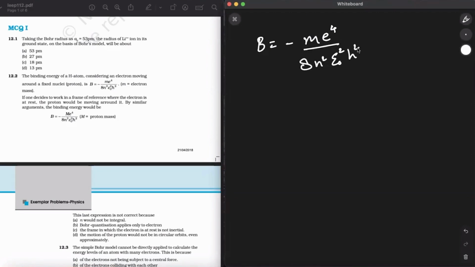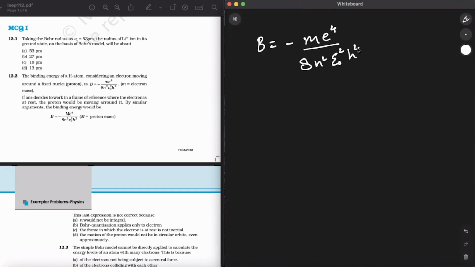But option C says the frame in which the electron is at rest is not inertial. This is the correct answer. This statement is correct because in the frame of reference where the electron is at rest, the given expression will not be valid, as it forms a non-inertial frame of reference. Whatever you expressed for the binding energy when the nucleus was at rest and the electron was moving was in the inertial frame.